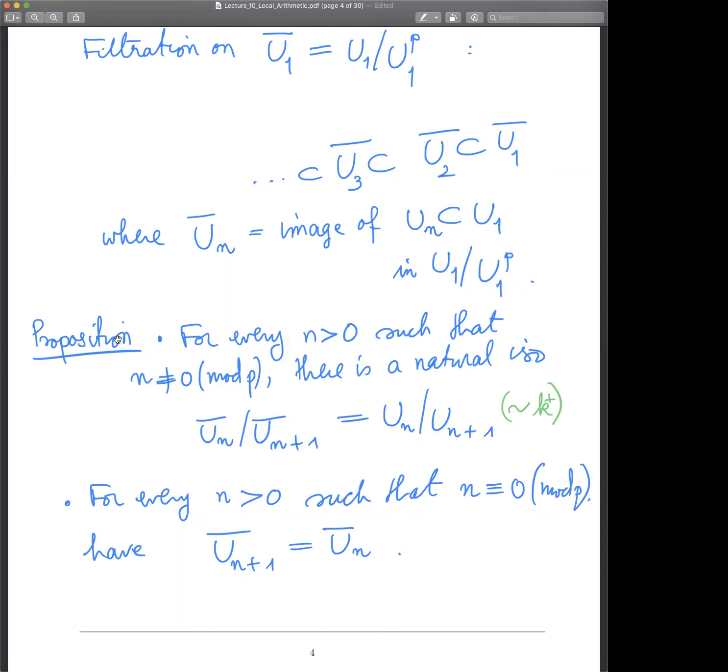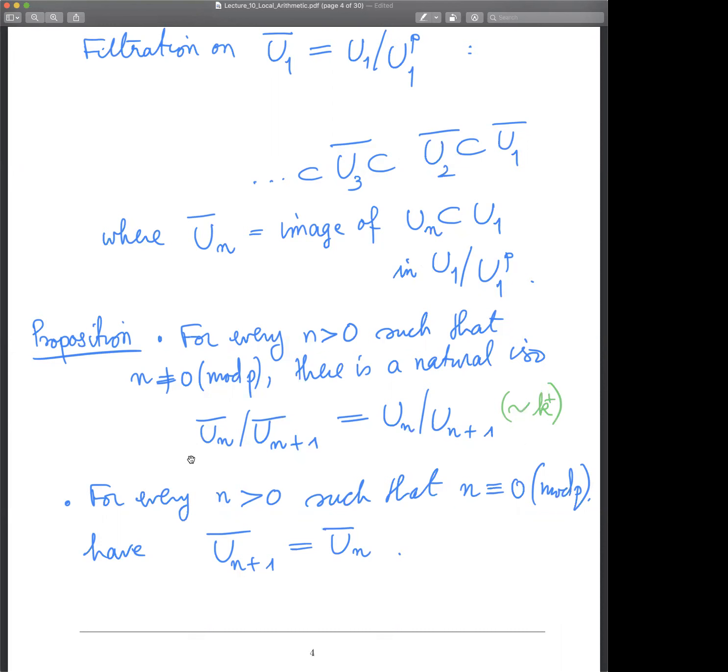And so the proposition here says that for every n, if that n happens to be prime to p, then this Un bar modulo U(n+1) bar is really canonically isomorphic to Un modulo U(n+1). And this we know is isomorphic to k. So we want to understand the successive quotients in this filtration, right?